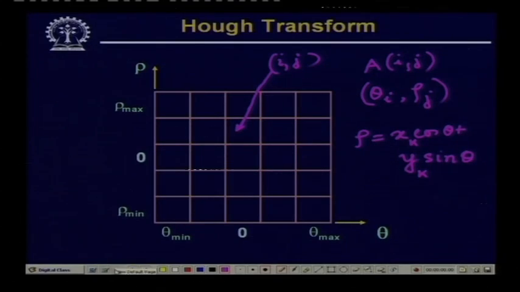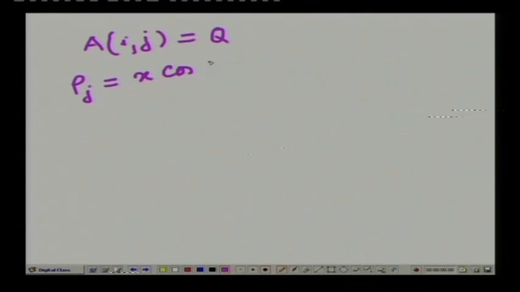So, again as before, at the end of the process, if an accumulator cell, say aij, contains a value equal to q, this means that there are q collinear points in the spatial domain lying on the straight line which satisfies the equation rho j is equal to x cosine theta i plus y sin theta i.